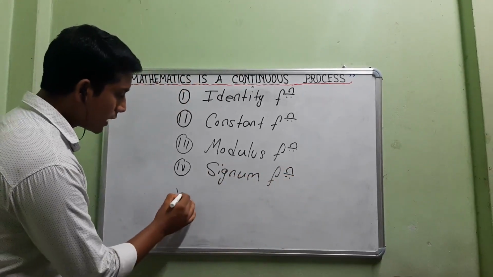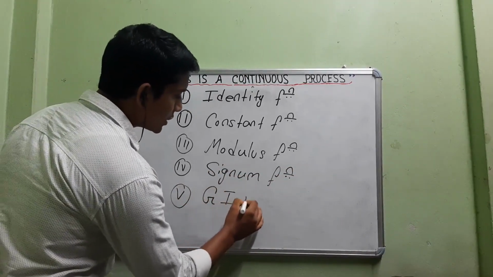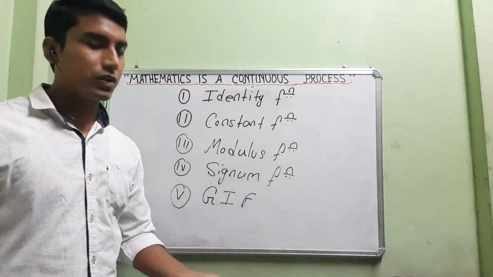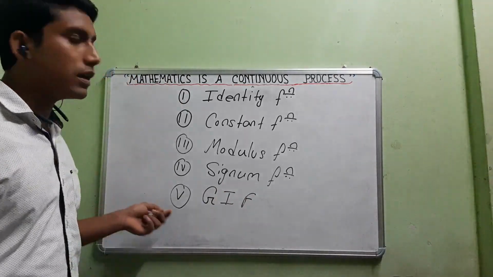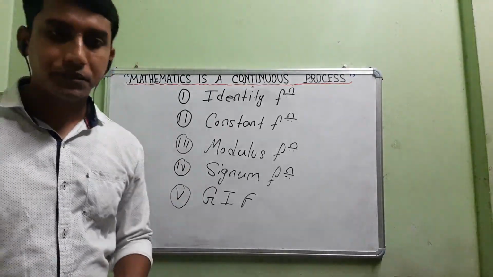The last one, which is very important, is the greatest integer function, that is GIF. So these 5 functions I'll discuss here with their graphs. Let us start quickly.